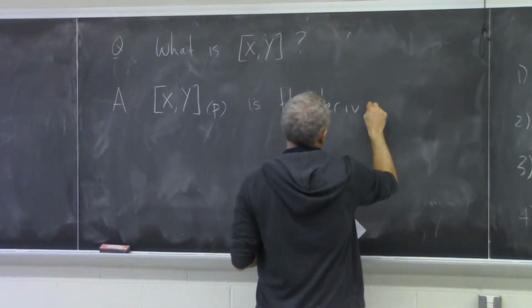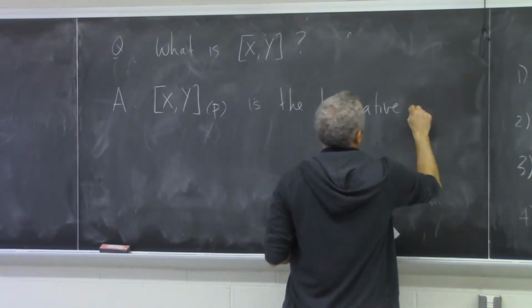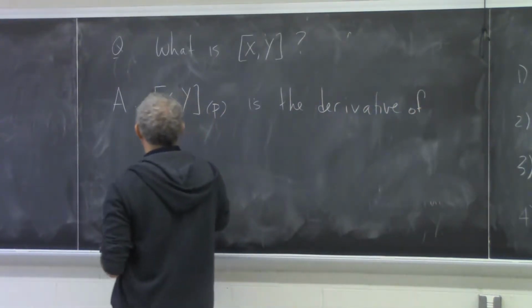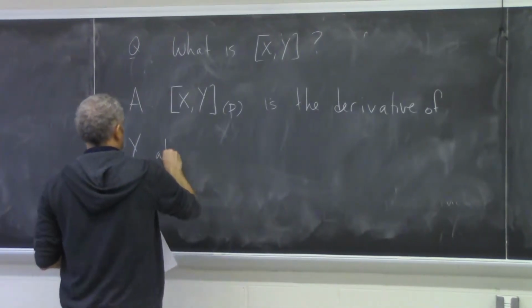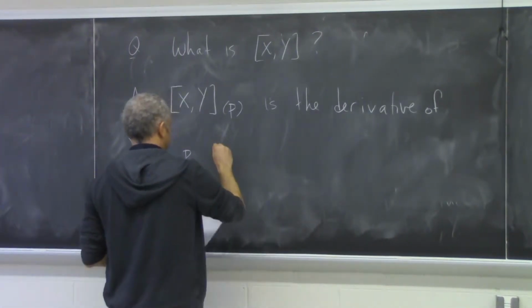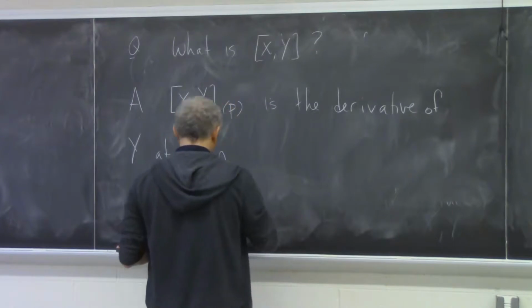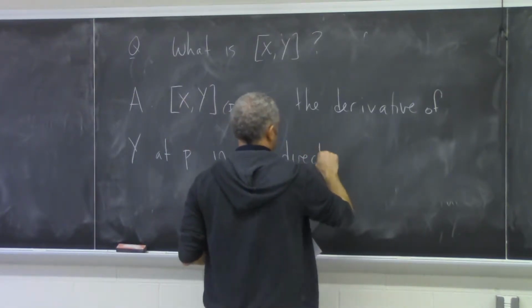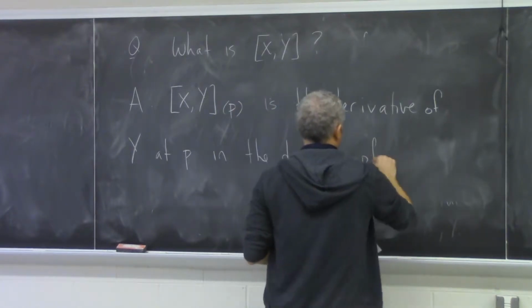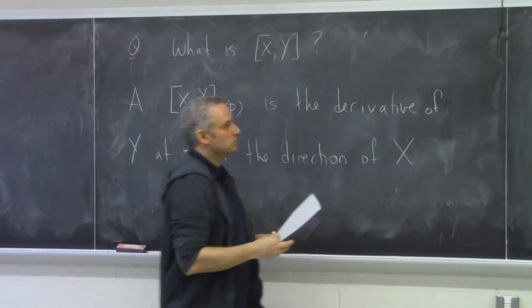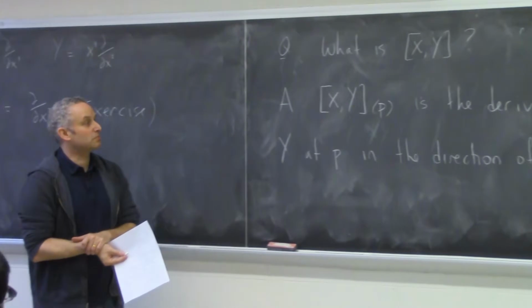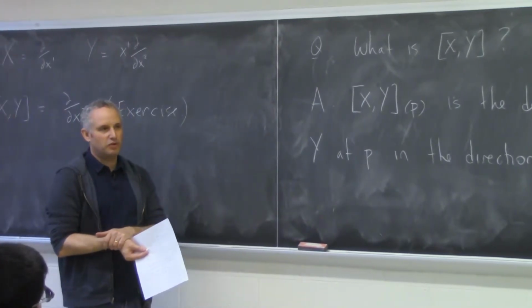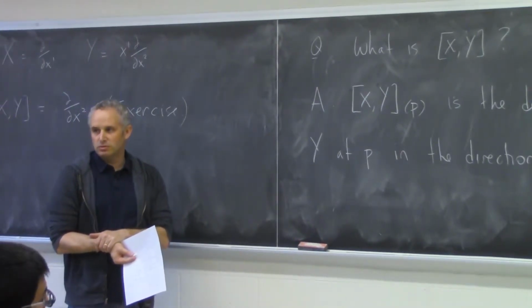We will interpret this as the derivative of Y at the point p in the direction of X. Okay, so this is some kind of directional derivative of one vector field with respect to another.